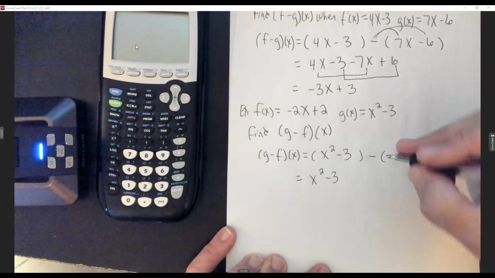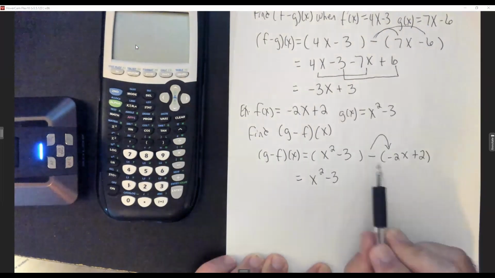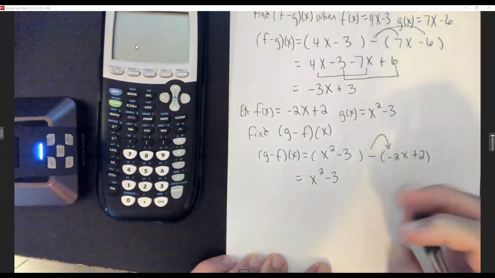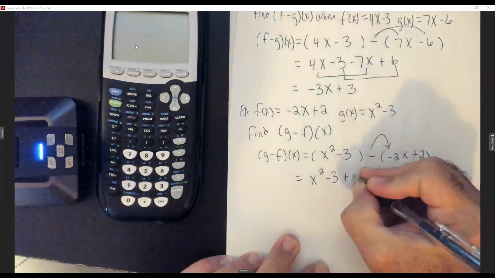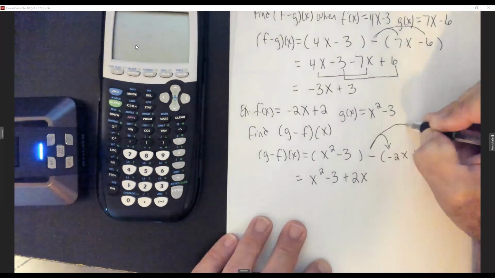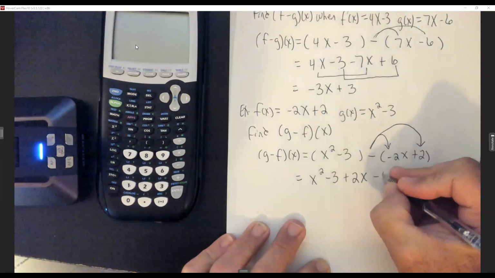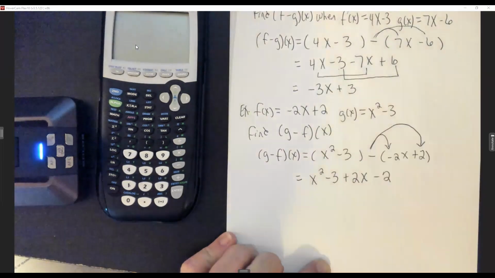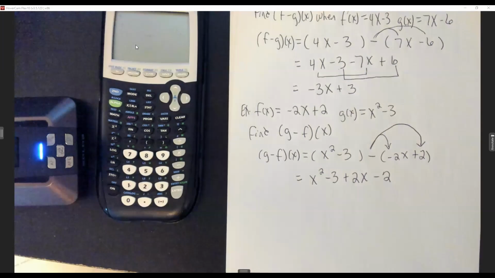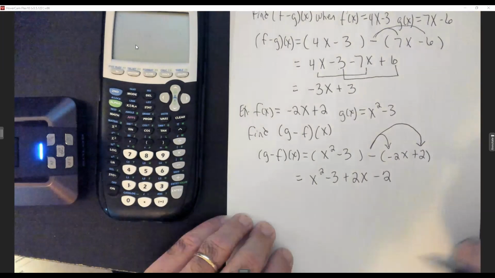Now you're going to distribute. So that negative times that negative 2X is going to make that a positive 2X. Then that negative times that positive 2 is going to make that a negative 2. So once again, that went from negative to positive, positive to negative. That's the power of a negative, okay?